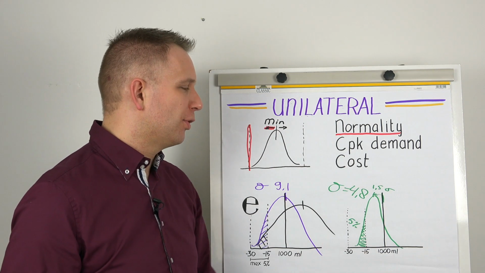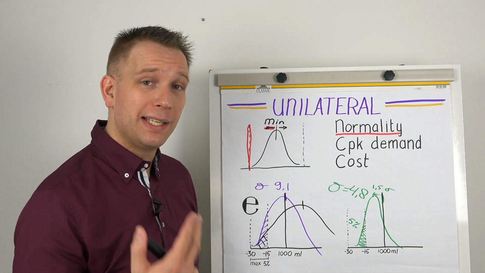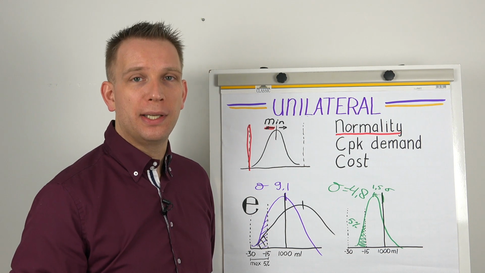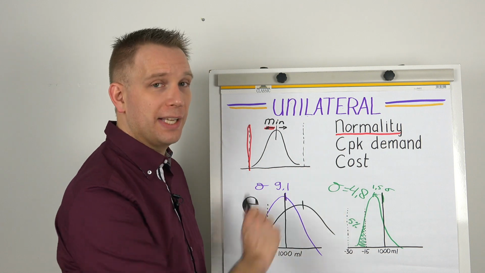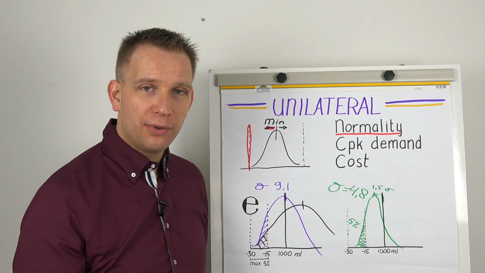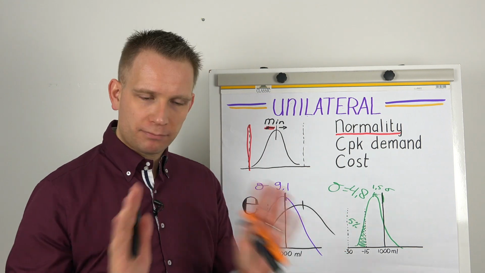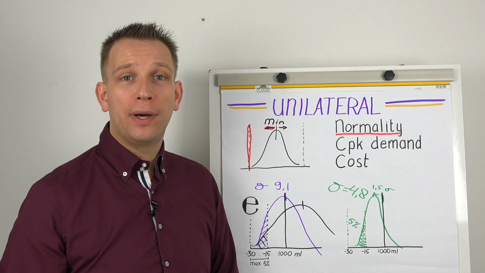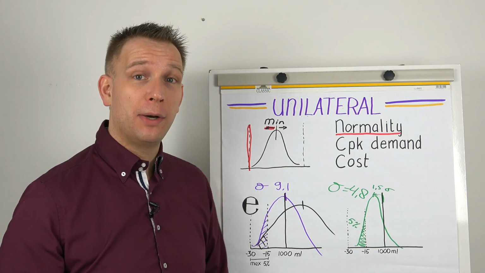And maybe this is not per se a CPK demand, but the answer for our production is in the end the same. What standard deviation should we aim for? And as long as we are above this standard deviation, it will generate money if we can improve the process. As soon as we are here, just purely focus on control and don't try to improve it further, because it will not help us anyway and it will be a waste of our effort.